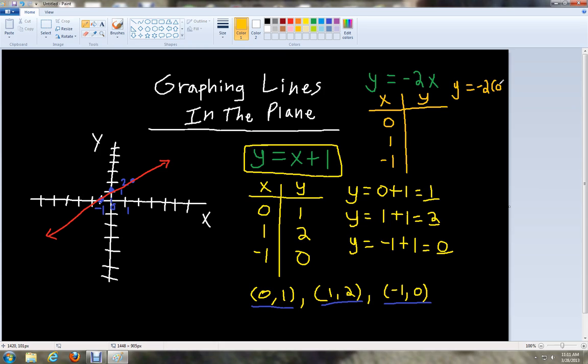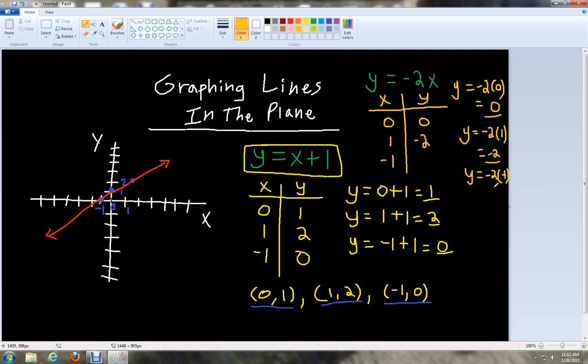Then y equals negative 2 times 1, which is negative 2. Our last x value is negative 1, so y equals negative 2 times negative 1.